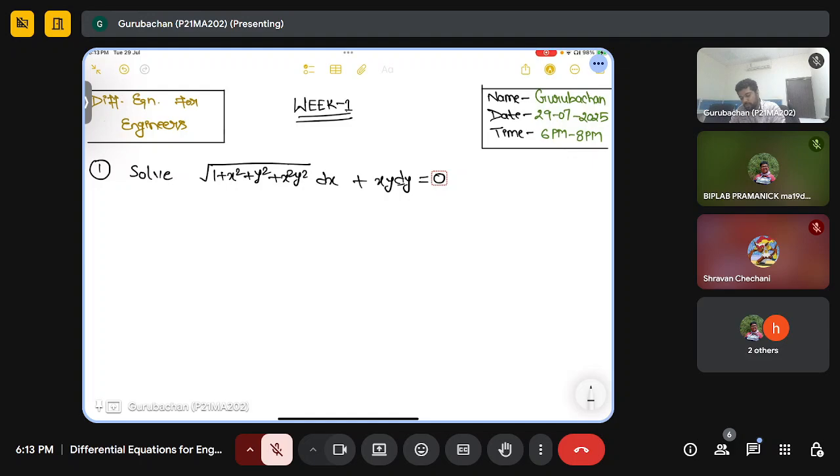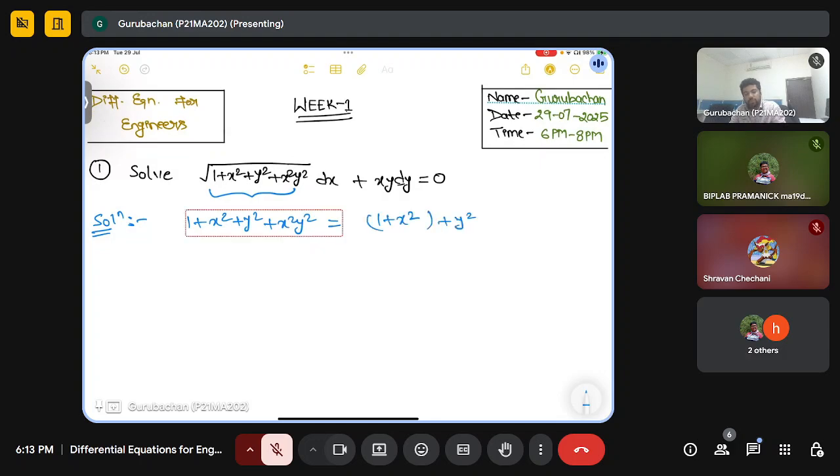If you observe this integrating factor, what can you write? 1 plus x square plus y square. Can you write it like this: 1 plus x square plus y square into 1 plus x square?